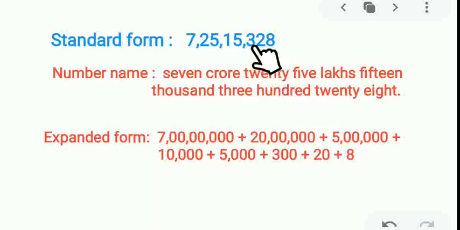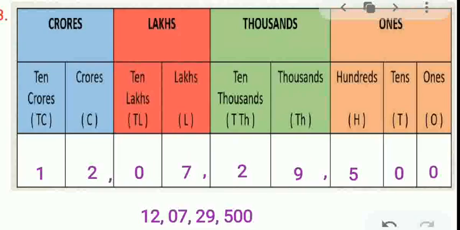To the right of 5, how many digits? 1, 2, 3, 4, 5. So 5 zeros. Again 1. To the right of 1, how many digits? 1, 2, 3, 4. So 4 zeros. Plus 5. How many zeros? 3 zeros. Plus 300 plus 20 plus 8. Now it's easy, no? Let's see one more example.